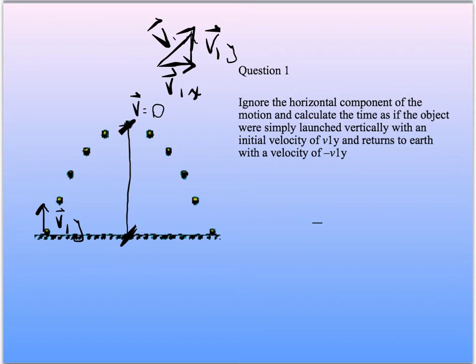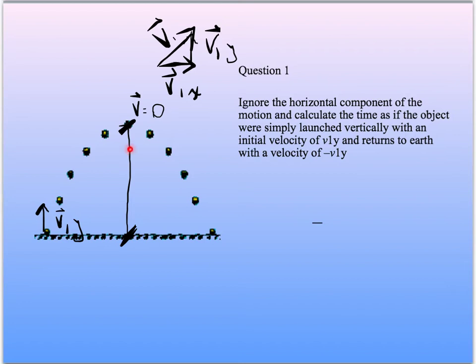Now, if it took 3 seconds to get up there, it'll take 3 seconds to get back down. And so, this object, which is at 0, after 1 second, will increase its velocity to 10 meters per second. That's what 10 meters per second squared means. Every second, you're gaining 10 meters per second.